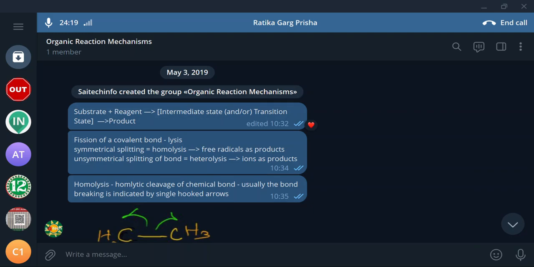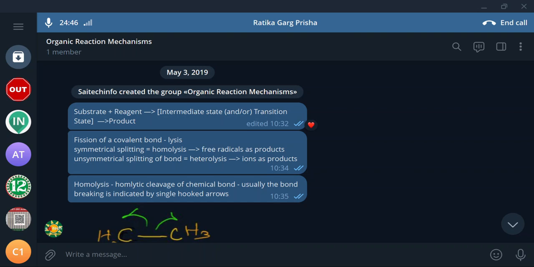So these two are reactants. On the left side of the chemical equation, you have got substrate and reagent. Together they are called the reactants. And you put an arrow mark that indicates the reaction condition. Suppose when you put a triangle above the arrow mark, then it is said to be heated. So we are heating the reaction like that. Sometimes in between you will put some transition state also.